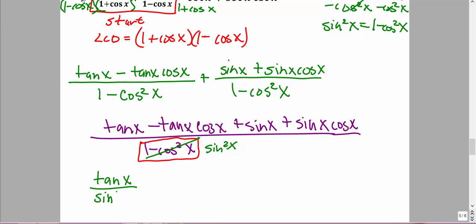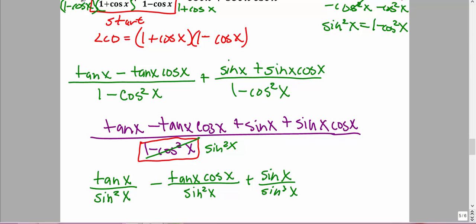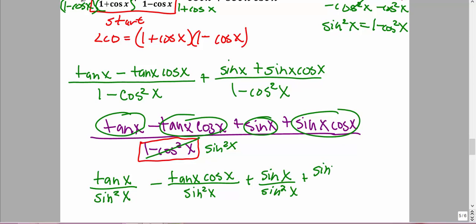So let's write this as tangent x over sine squared x minus tangent x cosine x all over sine squared x plus sine x over sine squared x plus, so each term is going to get back its own denominator, so it doesn't have to share anymore. We're going to separate this into 4 separate fractions, each having their own denominator of sine squared x.